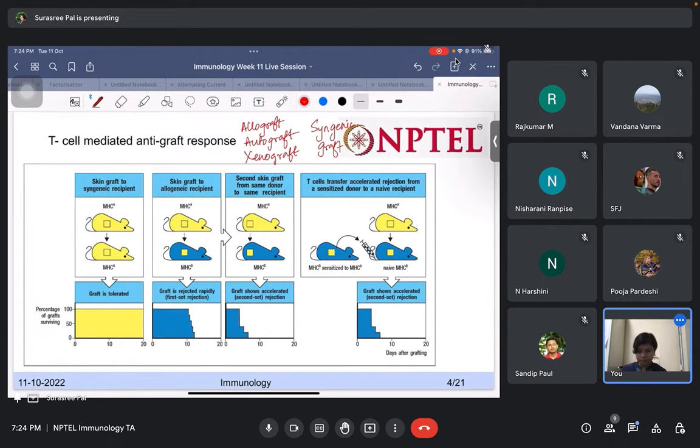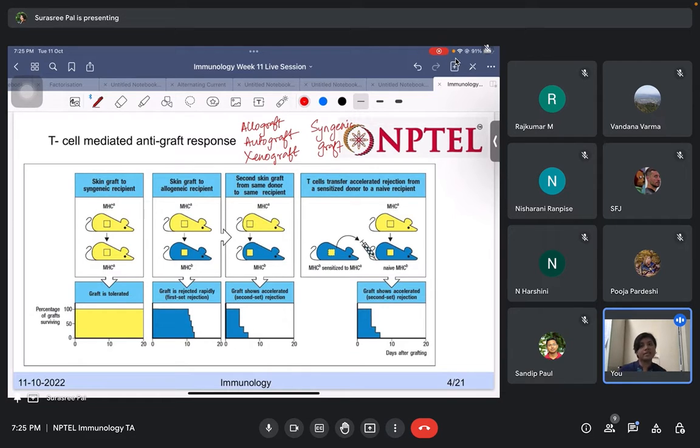Autograft is the grafting, the transplantation between different sites of the same animal or person. So therefore we know that autografts are usually 100% successful, because if we are transplanting one part of, suppose, skin from my arm to my neck, then of course that does not make any difference to the immune system.